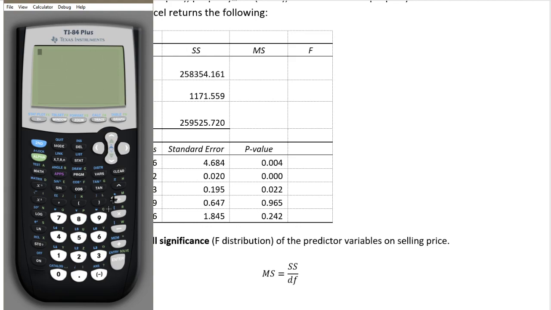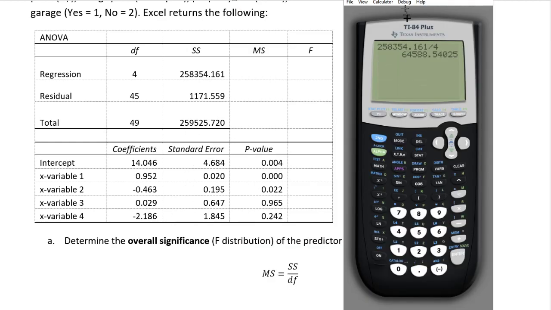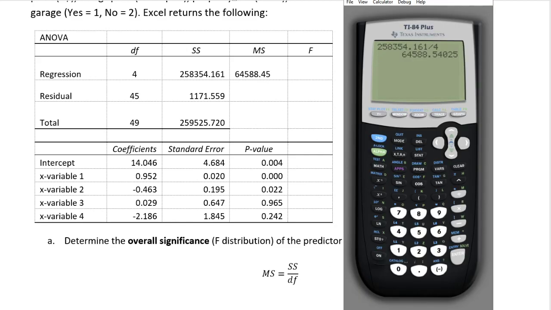You divide 258,354.161, which is the sum of squares, by its degrees of freedom, which is 4, and you get 64588.54. So that's what you want to put in here.